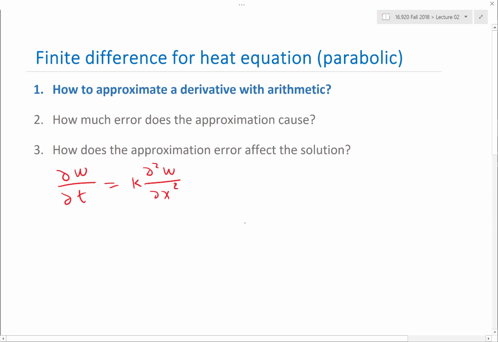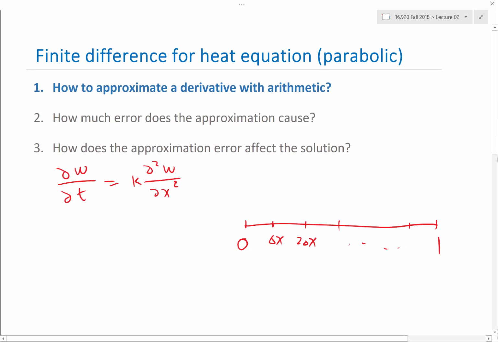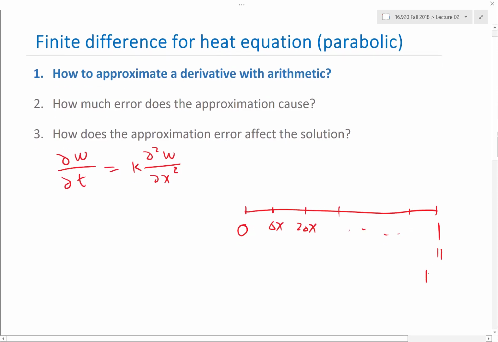So if we have a uniform grid of 0, 1, and the delta x, 2 delta x, etc., where 1 is equal to, let's say, n times delta x. So here, delta x is equal to 1 over n, right? So we have n plus 1 grid points.